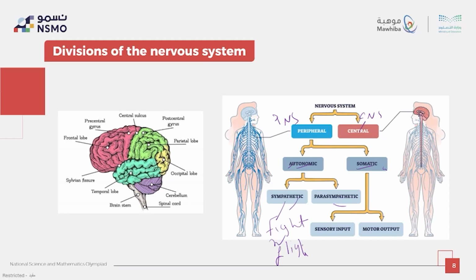Parasympathetic, on the other hand, returns the body to calm, slows heart rate, and stimulates digestion. And they call that one rest and digest. Rest and digest. And do not forget somatic. It's divided into sensory input.